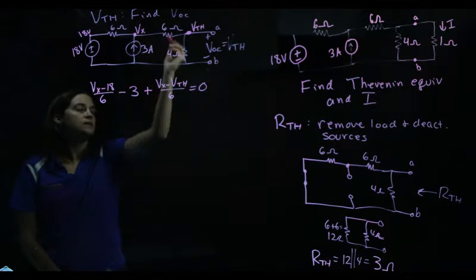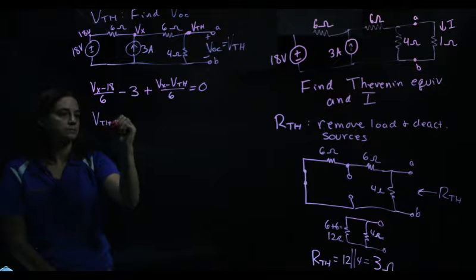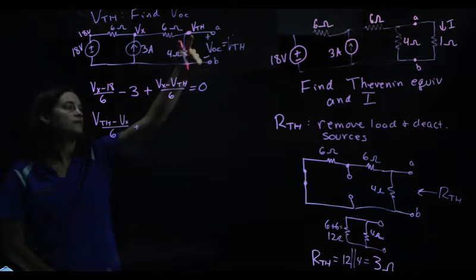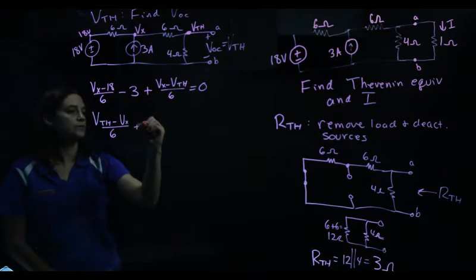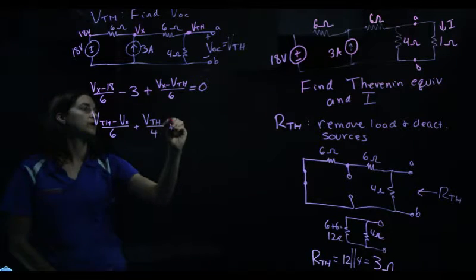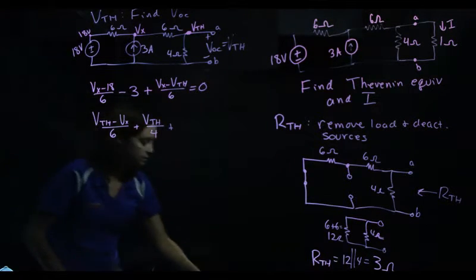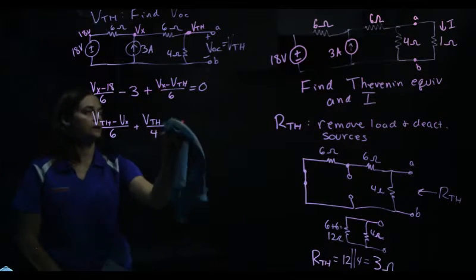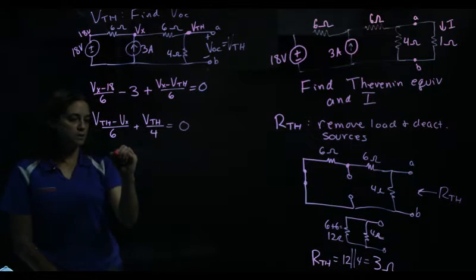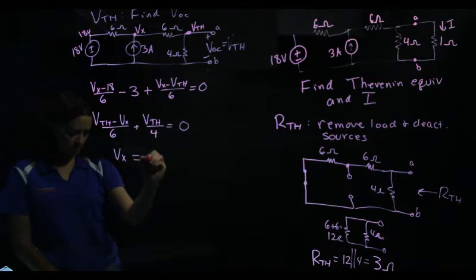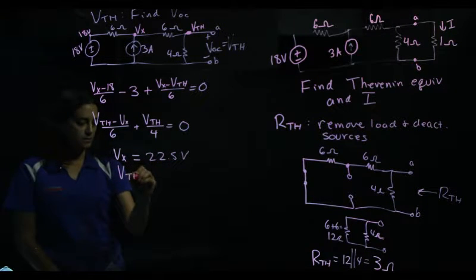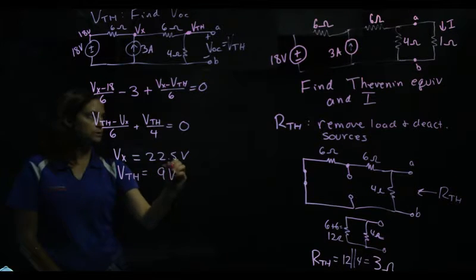V Thevenin minus Vx over 6, plus V Thevenin minus 0 over 4. I will skip writing the minus 0. And that's it. So I don't need a plus sign there. I just need to say equals 0. So I solved these equations and I get a Vx that is equal to 22.5 volts, and a V Thevenin that's equal to 9 volts.